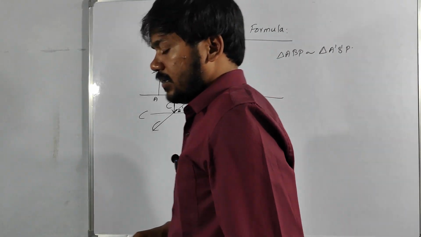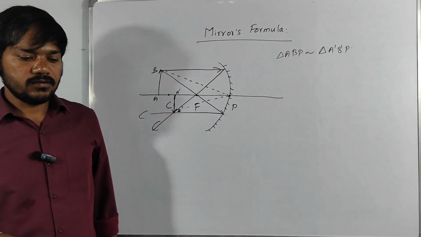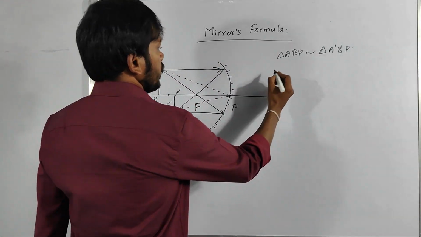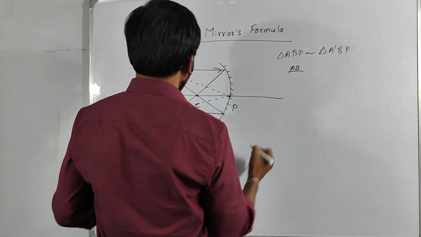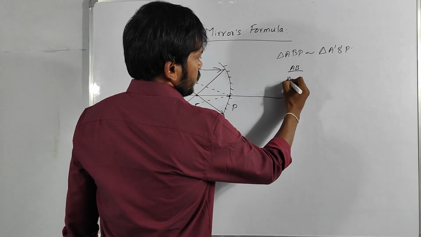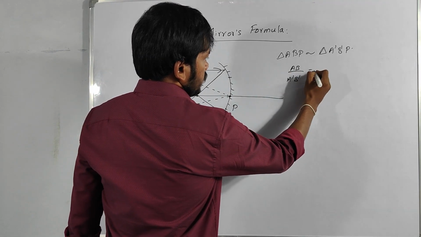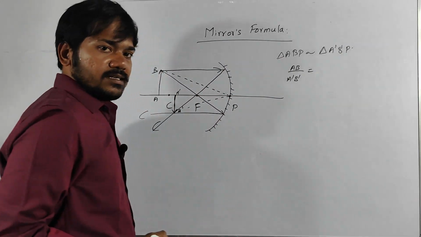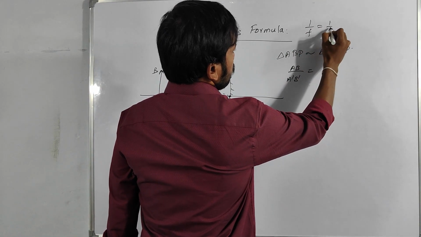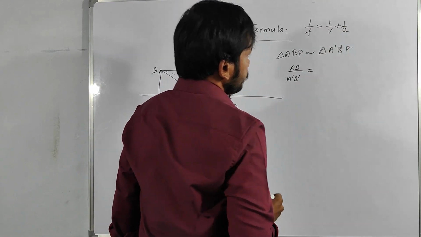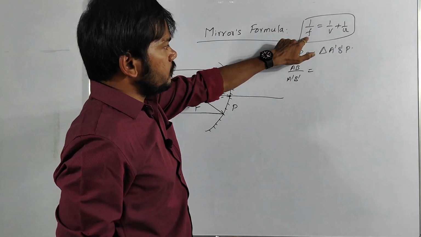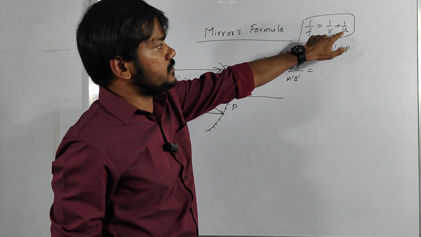By this we know that the ratios of the sides are always equal in similar triangles. In such a way I can take AB by A dash B dash, because these are the heights, is equal to the bases. Why should I consider the bases? Because the mirror formula is 1 by F is equal to 1 by V plus 1 by U. So I must involve focal length, image distance and object distance.